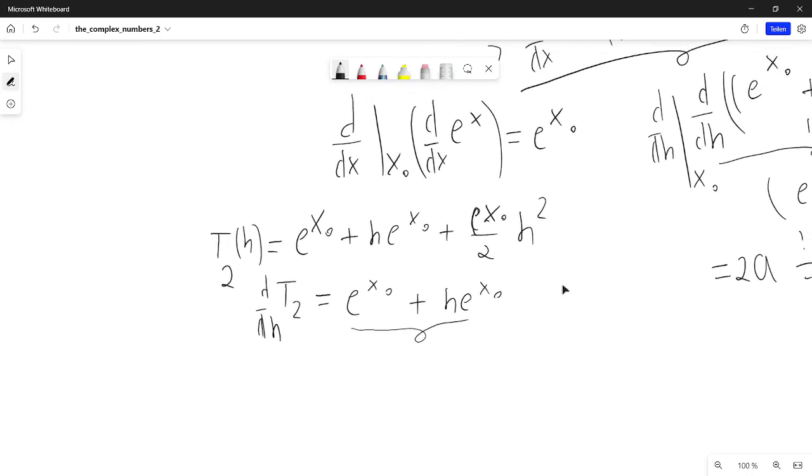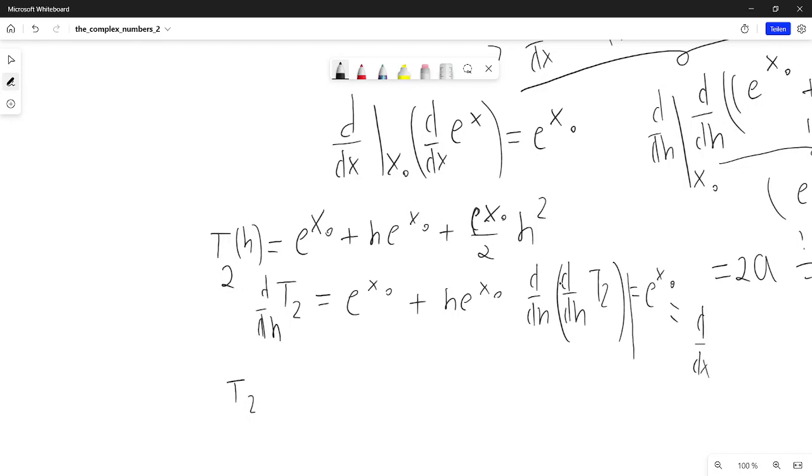Well, we still would have that, because that would be eliminated, right? So we would have d/dh of T2 equal exactly what we want, f''(x0), which is equal to the second derivative of f at x0.